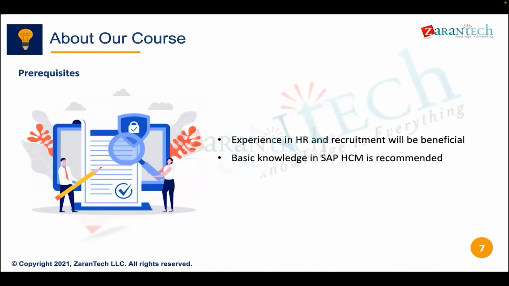This is the prerequisite that has been stated for this course: experience in HR and recruitment is beneficial. It is stated, okay, that it is not mandatory to have previous HR experience. Fortunately, I had previous recruitment experience. I started as a recruiter in my career, so I had that knowledge of how an organization works in terms of recruitment and hiring.